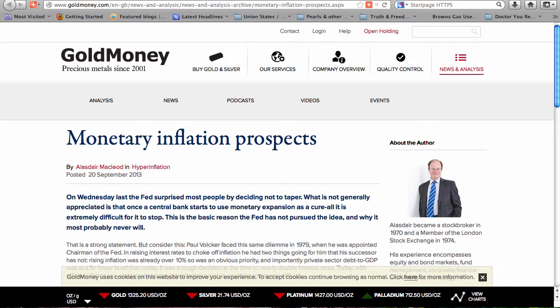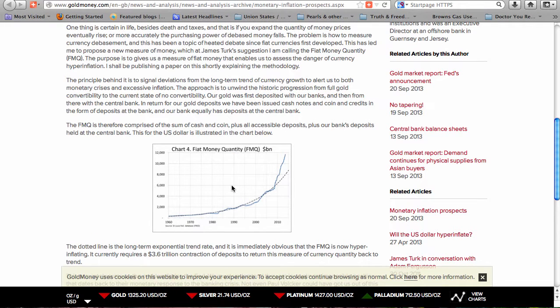The dotted line in the chart is the long-term exponential trend rate, and it is immediately obvious that the FMQ is now hyperinflating. It currently requires a $3.6 trillion contraction of deposits to return this measure of currency quantity back to trend. And here is the chart that he is referencing.